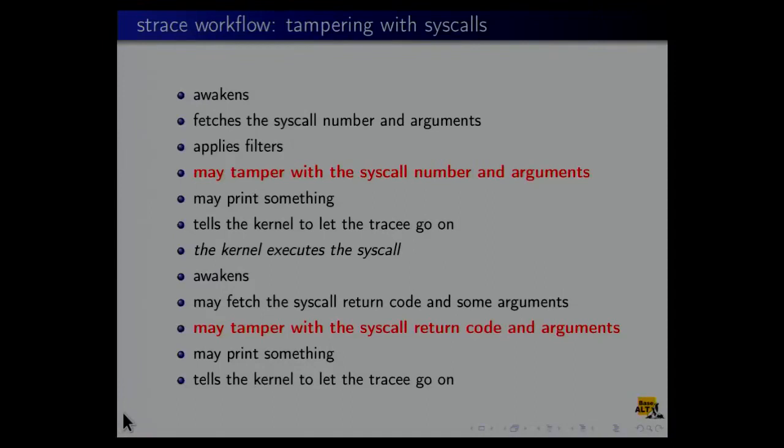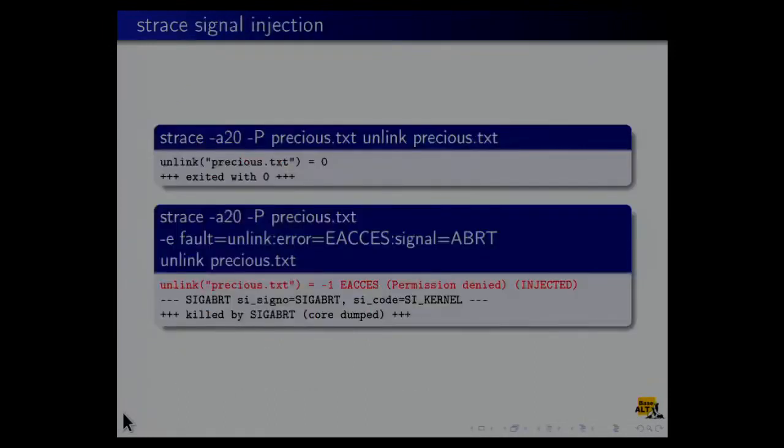But this is not the only thing, as you can see from this slide. Not just syscall fault injection, but other kinds of injections and tamperings could be done. For example, this is some recent development, not in a released strace version yet. You can inject a signal at any of these points, and in the current implementation it's injected on exiting the syscall.